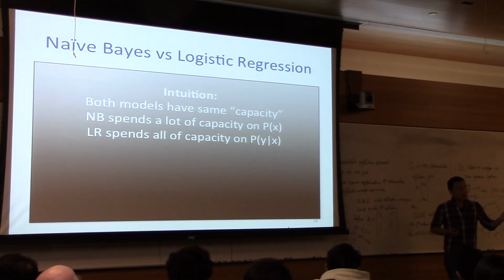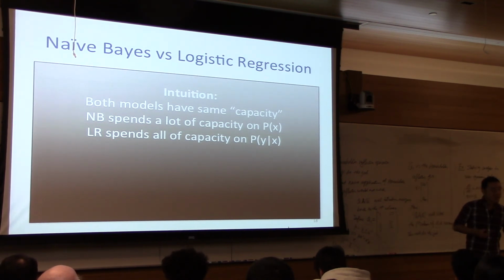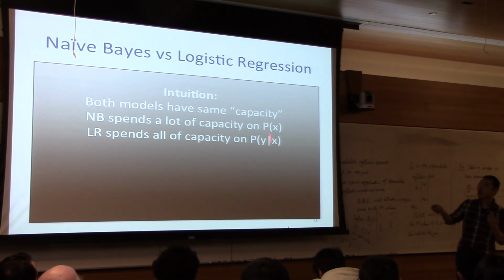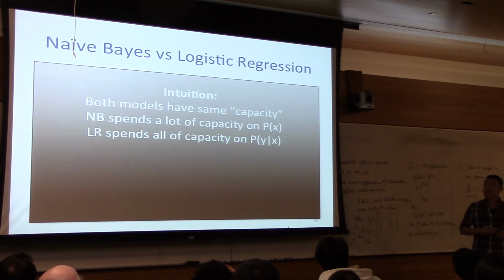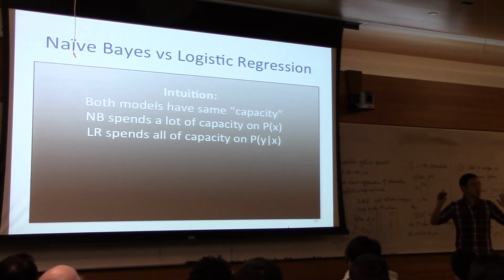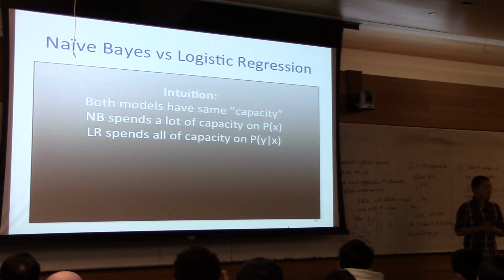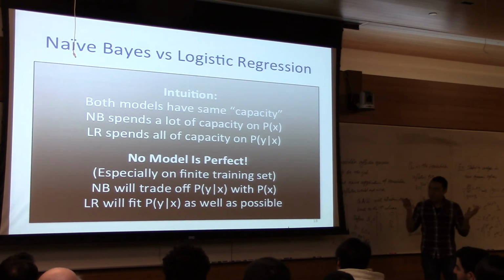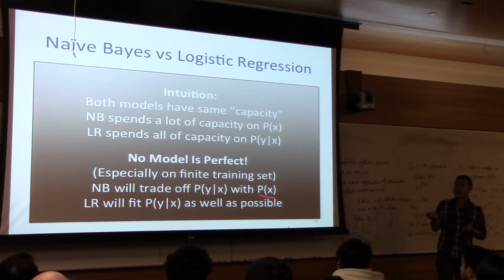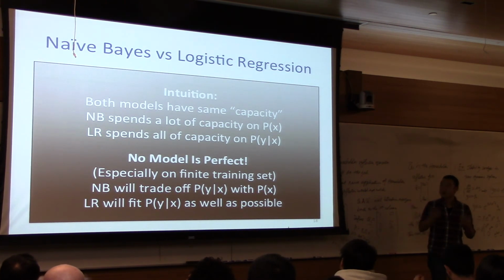Given that your model is an imperfect model of the phenomena you're trying to capture, and given you have finite training data, if this is your goal, then logistic regression spends more of the model capacity trying to fit that goal, whereas naive Bayes tries to do more things, which means it does less well on this goal in general. No model is perfect. Naive Bayes is a trade-off between this and this, between estimating everything, which includes this and this.